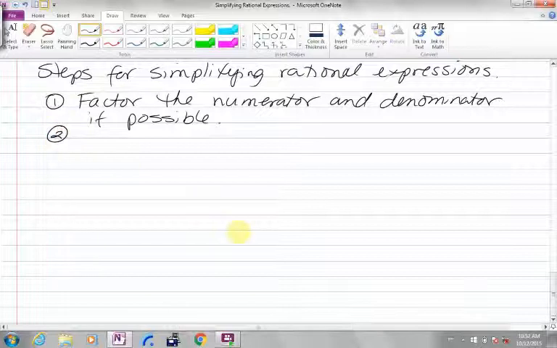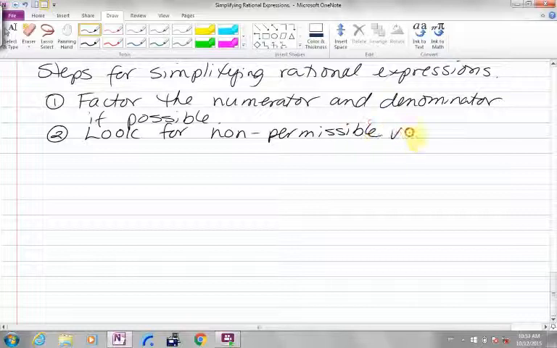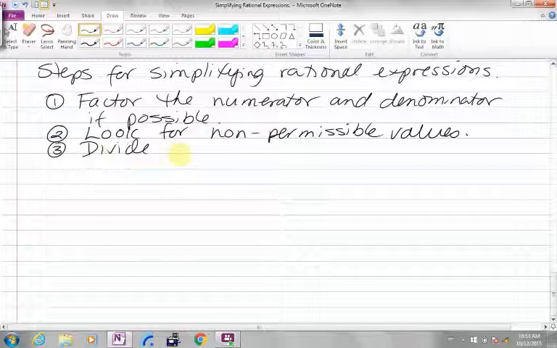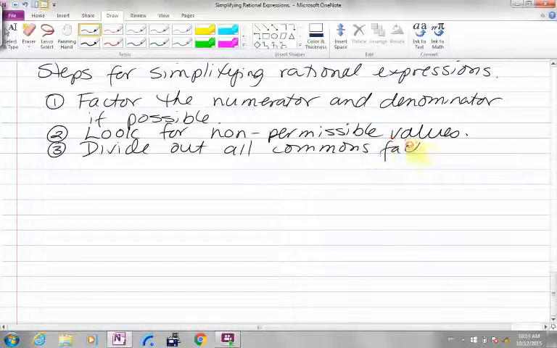All right, number 2. Once it's in factored form, then you're going to look for non-permissible values. Step 3, divide out all common factors from numerator and denominator.